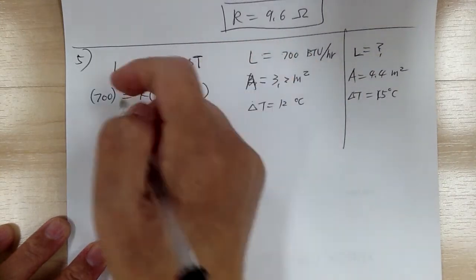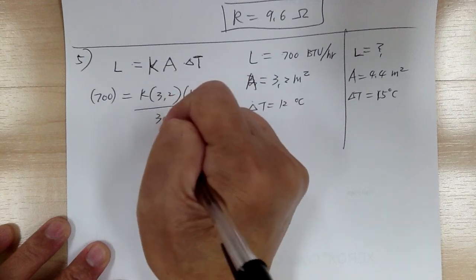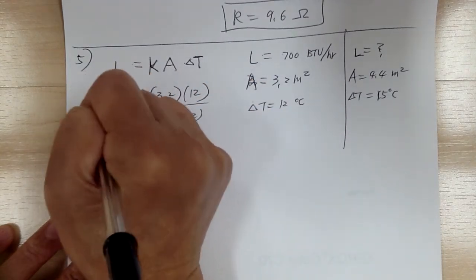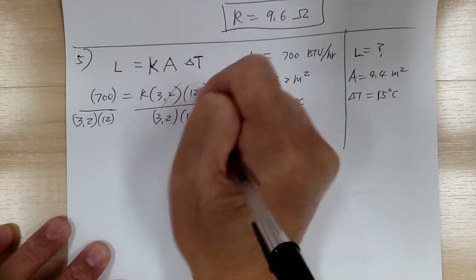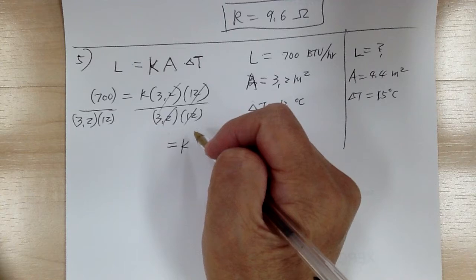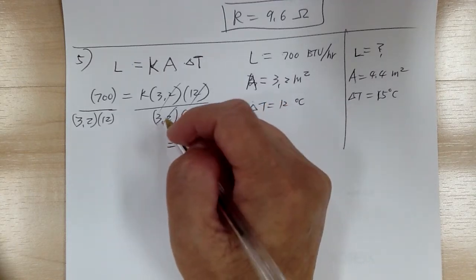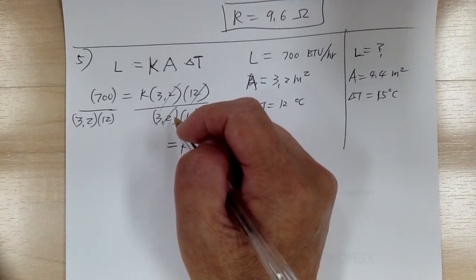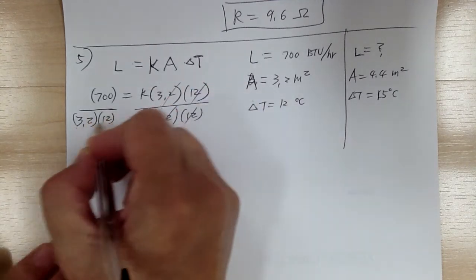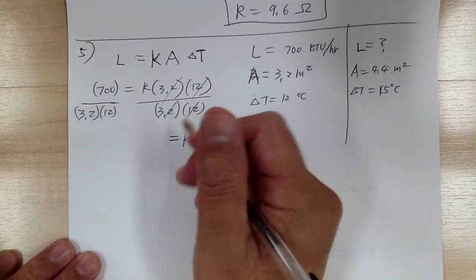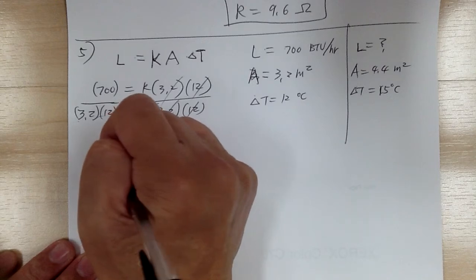To find K, you divide by 3.2 and 12, so all this will cancel out. So K equals 700 divided by 3.2 divided by 12. Now everything down here you have to divide. It didn't come out too nice, but that's okay.